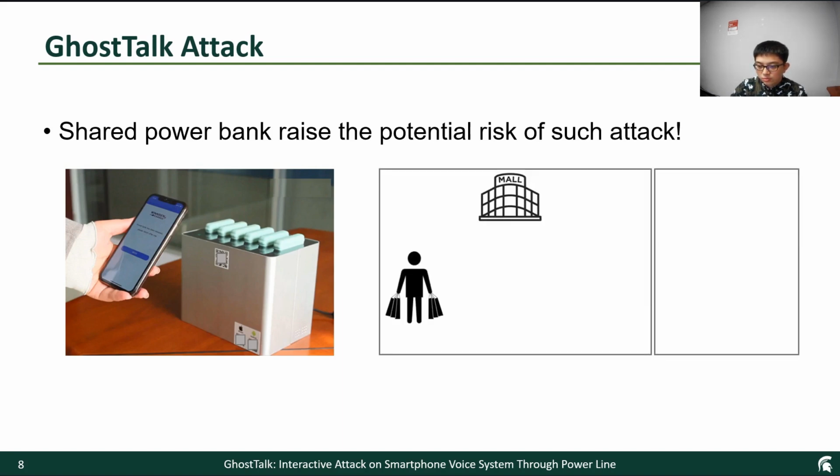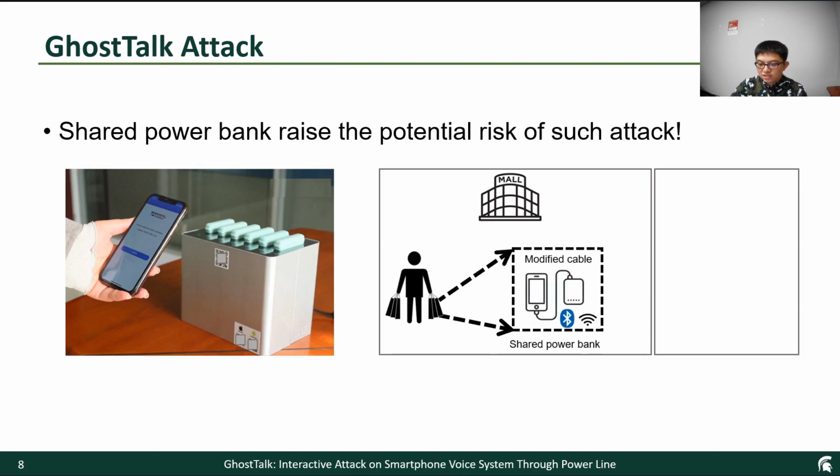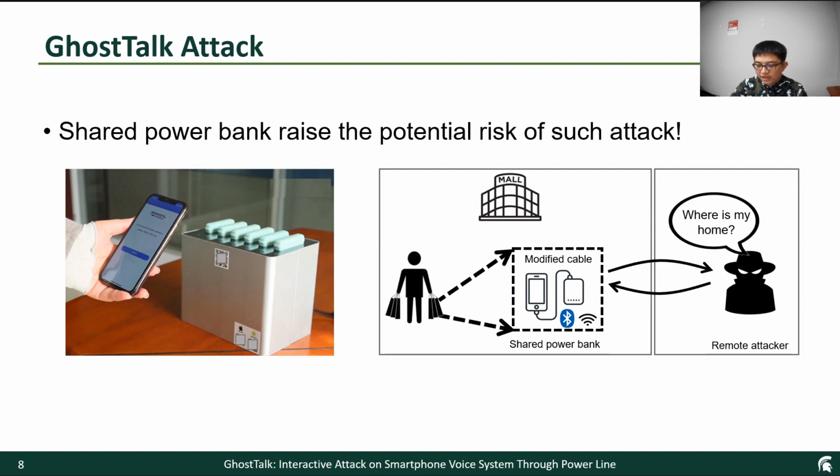In a shopping mall, the user ran out of smartphone battery and he uses a shared power bank to charge the smartphone. Unfortunately, this power bank is malicious. The attacker can remotely inject and eavesdrop audio signals and hack the smartphone voice system. For example, he can ask for the user's home address and ask the voice assistant to open the door.